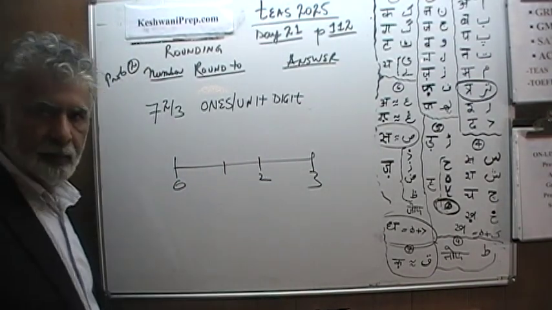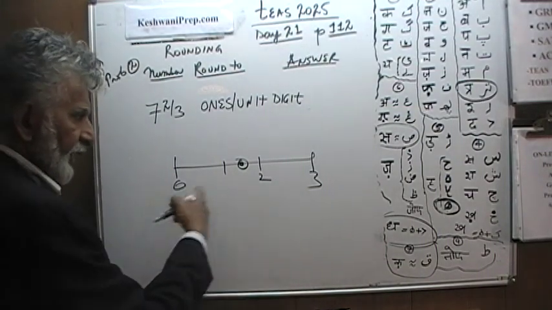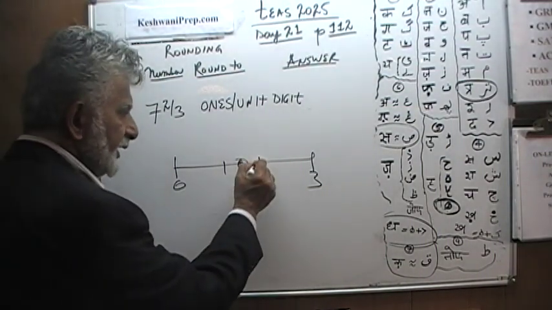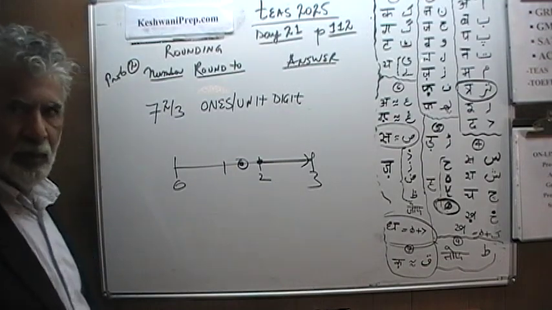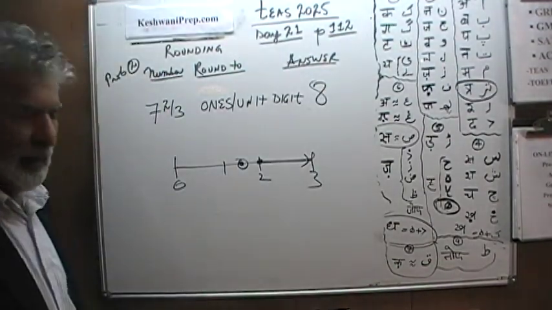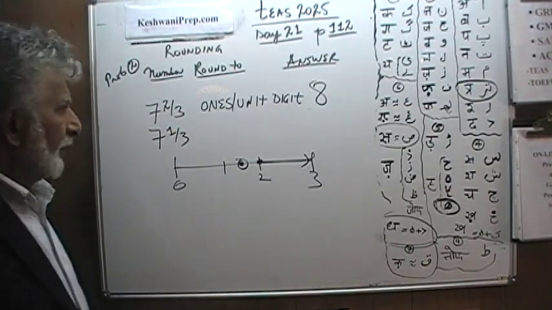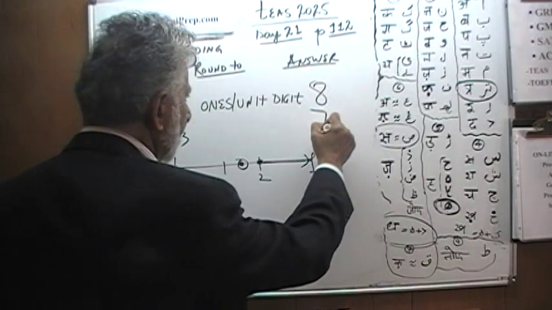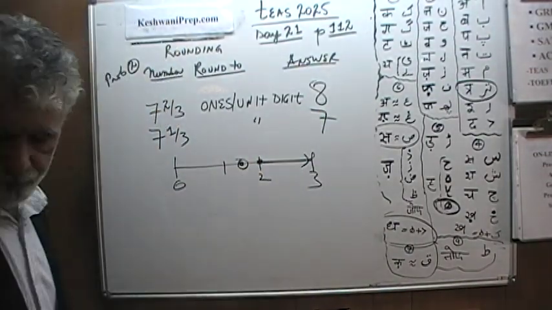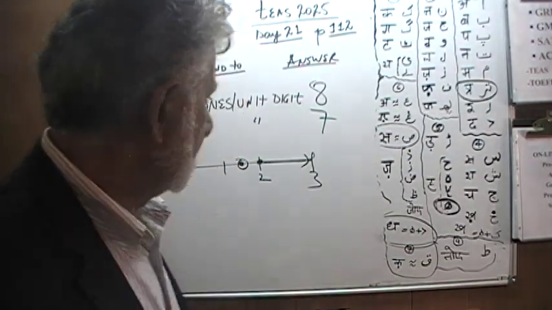We are here. The halfway mark is somewhere here. So are we close to this end or that end? 2 is right here. We're close to that end, which means round up. 7 and 2/3 will become 8. Had it been 7 and 1/3, and if we were rounding it to the nearest ones, it would become 7. You get the idea, because 1/3 is less than half, and 2/3 is more than half.